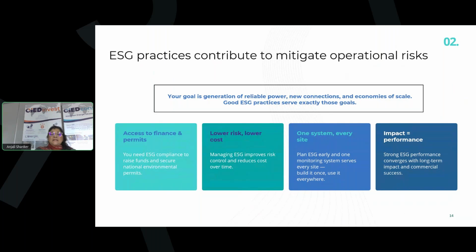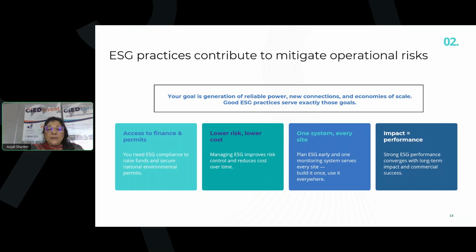So how do ESG practices contribute to mitigating operational risks? Our goal is to generate reliable power, to achieve new connections and economies of scale. Now, how do our ESG practices serve those goals? Well, first of all, to achieve scale, we need access to finance and permits.